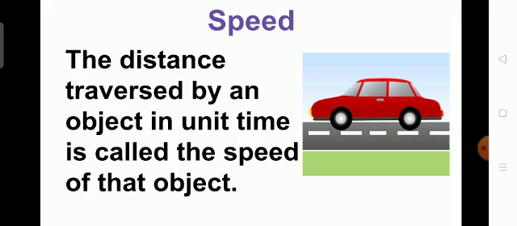For example, if a moving car on a road travels 50 kilometers in 1 hour, so we can say the speed of the car is 50 kilometers per hour. So, what is speed? The distance traversed by an object in unit time is called the speed of that object.